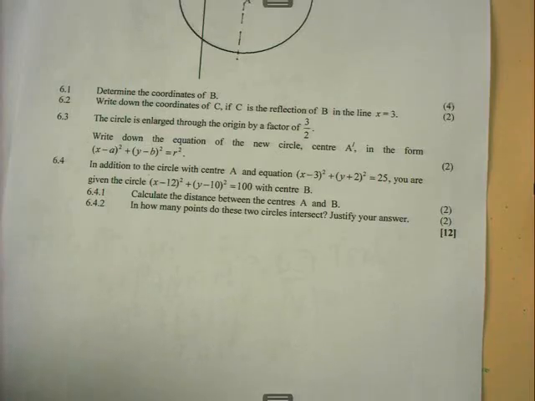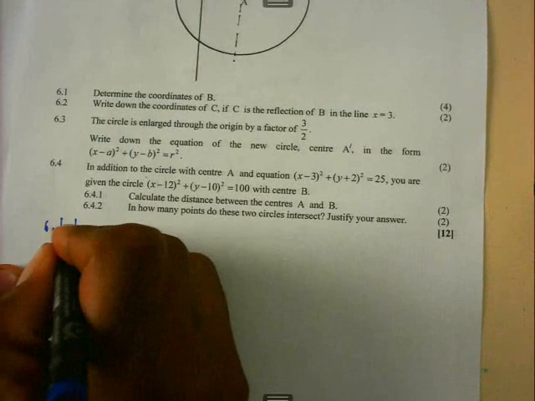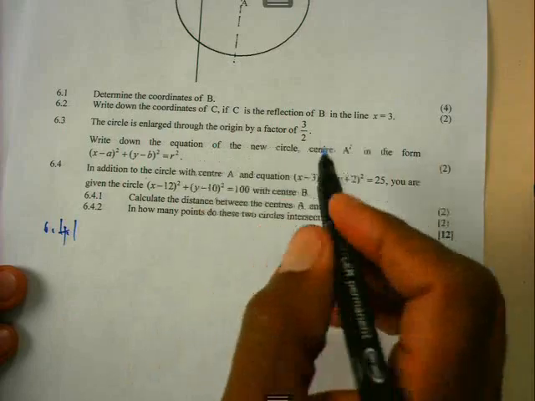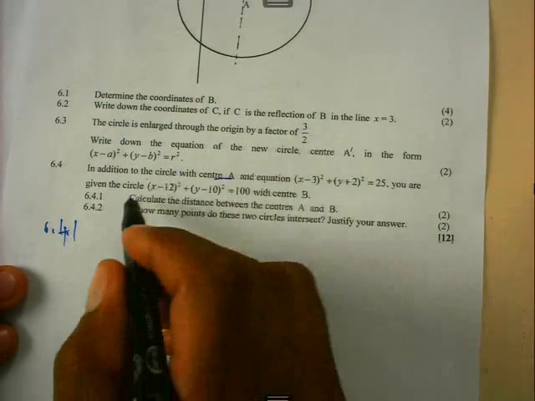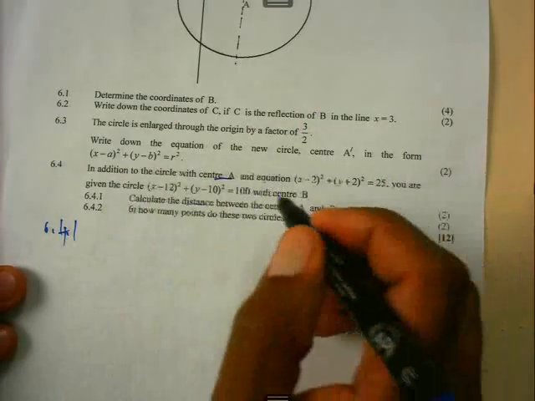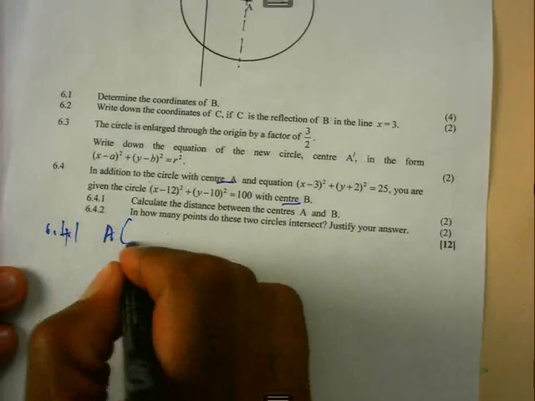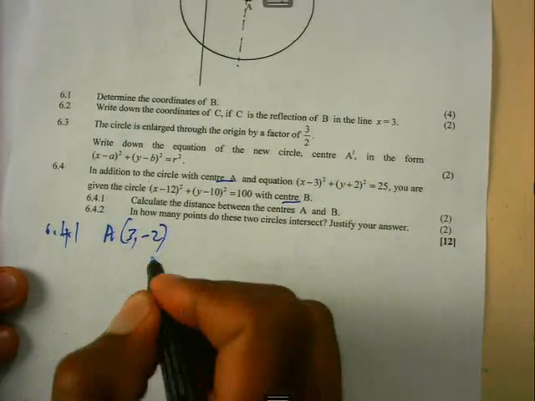Let us look at our solutions now. Let us start with 6.4.1. First of all, we need to calculate the distance between the center A and B. Then it means we need to know the center of the circle with the center A, and also the center of the circle with the center B. The center A, the coordinates are 3 as well as −2.